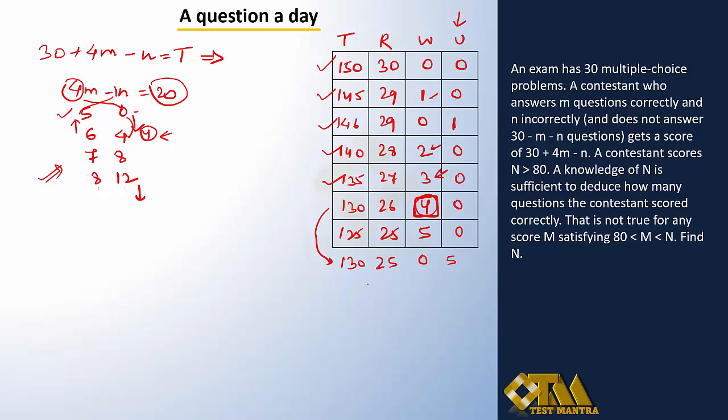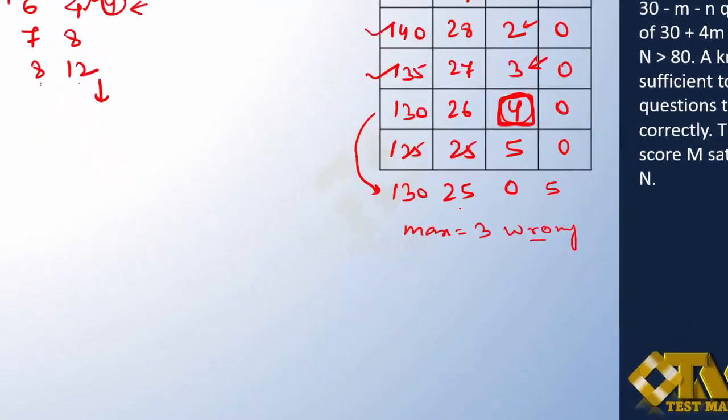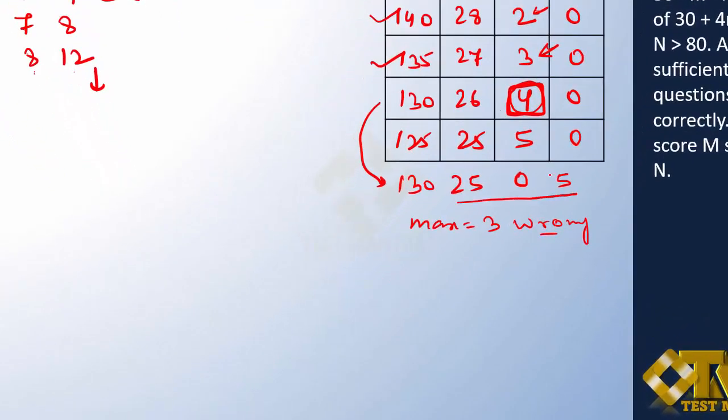From this I can identify I can maximum have 3 wrong attempts. If I'll take more than that, that means I'll always be in a confusion here. Now with this figure you can also identify that I can maximum have 4 unattempted part, right?